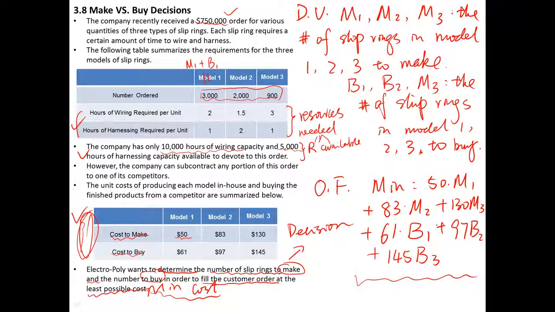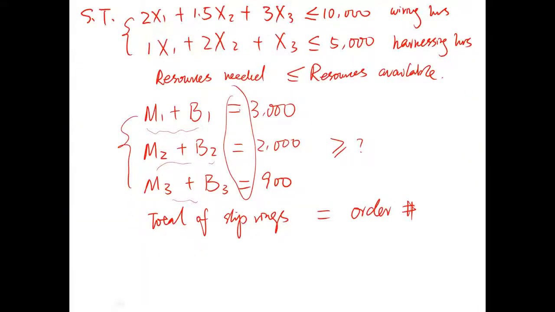Think about this again. Because of this minimization objective function, which will force these m1, m2, m3, b1, b2, b3 to be as small as possible, even if we change these signs from equal sign to greater than or equal to sign, they will be as small as possible.